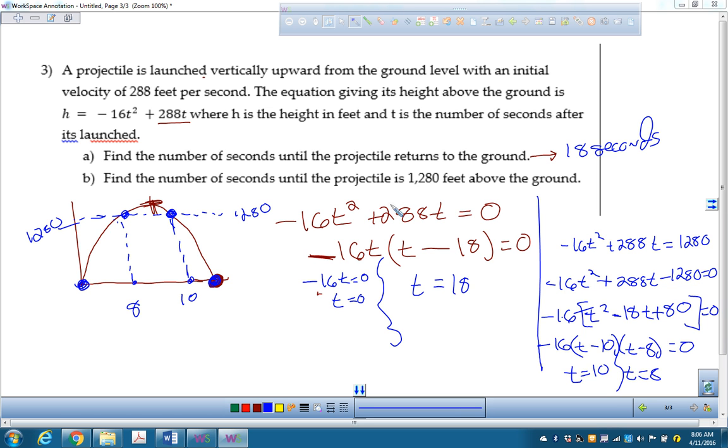A lot of times things don't factor, and then you've got to use the quadratic formula. Sometimes you're looking for the vertex. Sometimes you're looking for where it's equal to 0. So it depends on the situation.